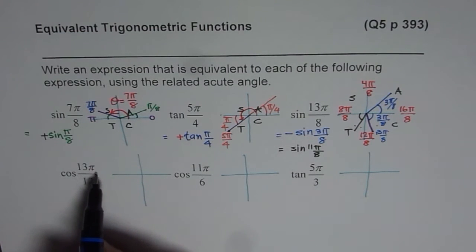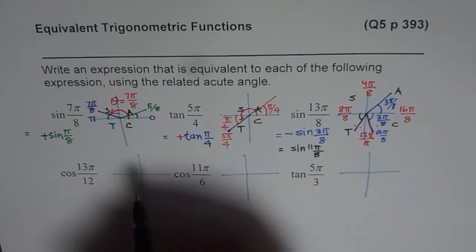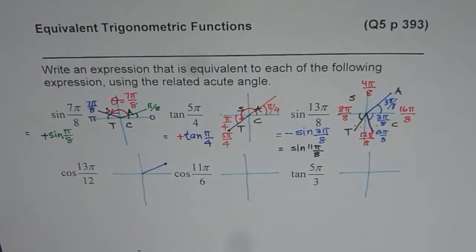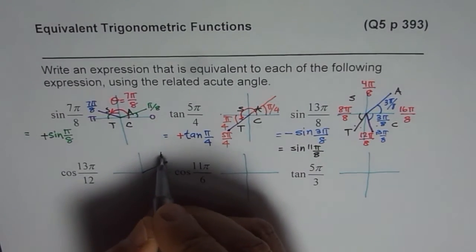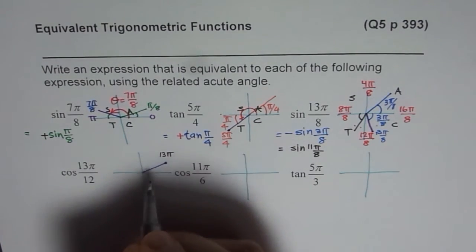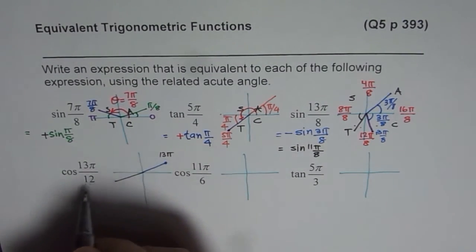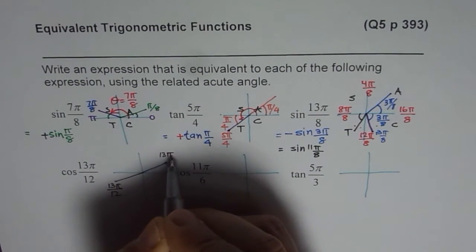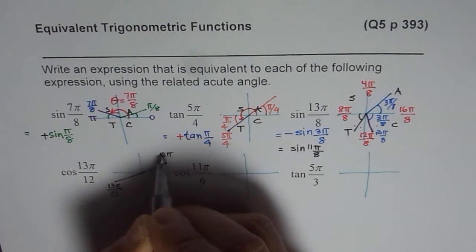Cos of 13 pi by 12. When we say 13 pi by 12, it means 1 pi by 12. I'm sorry, 13 pi by 12 will be here, 1 more than 12 pi. So that is what happens when you do it in a rush. So this is not 13, this is 25.